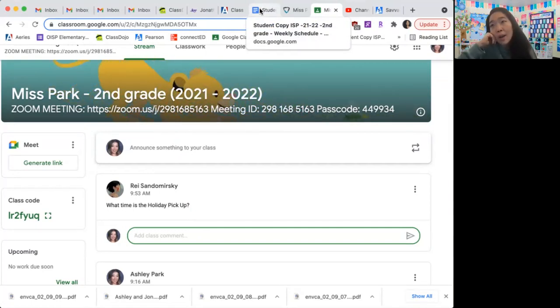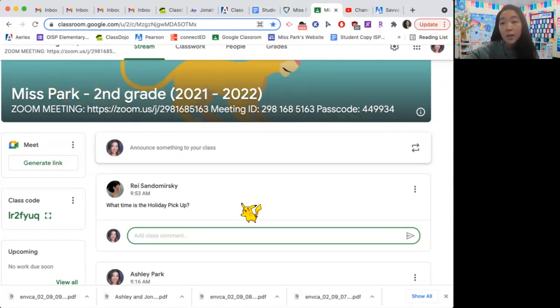So I'm going to ask Sierra to get there at 10 o'clock. If you want to bring something to pass out to everyone, you have to get there right at 10 o'clock. So make sure that you bring it.